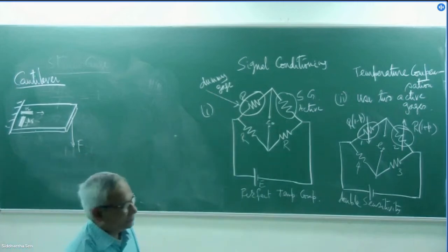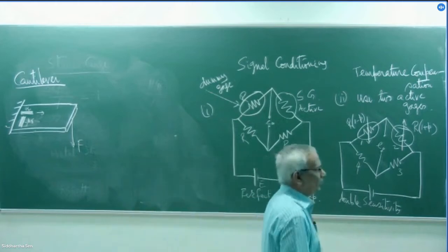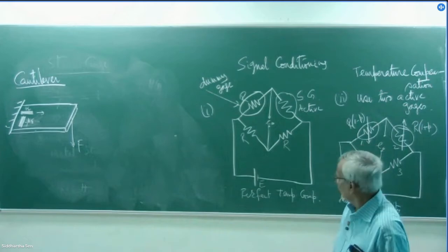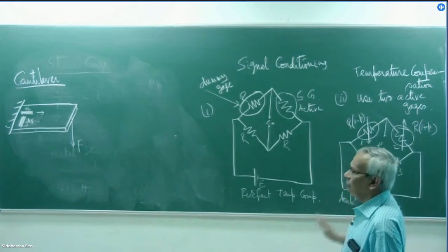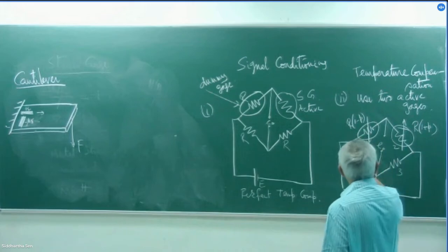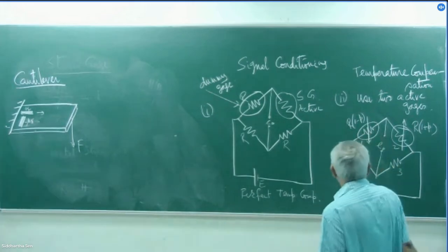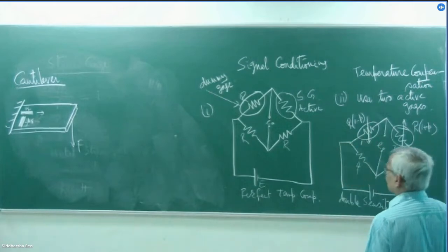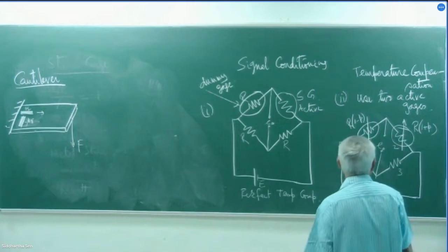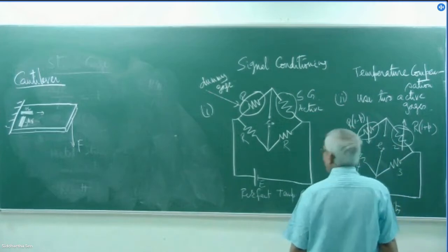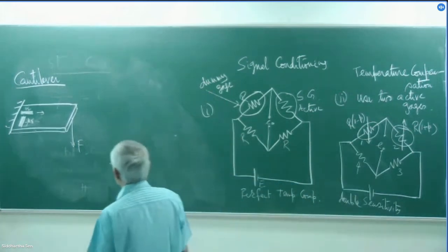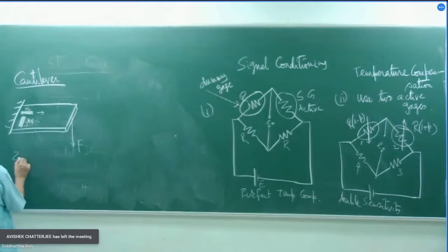Our intention is fulfilled, because this configuration will also be temperature compensated, and the sensitivity will also be doubled. So it is a two-arm bridge, or rather a two strain gauge bridge.